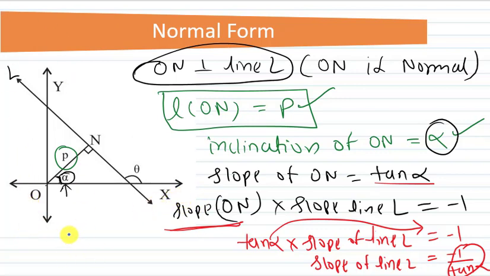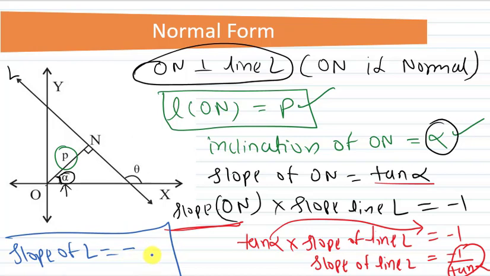Reciprocal of tan is cot. So what I will get? Here I will write slope of line L is equal to minus 1 upon tan alpha, which is minus cot alpha. So I got slope of line L as minus cot alpha. So just remember it. Take the screenshot.